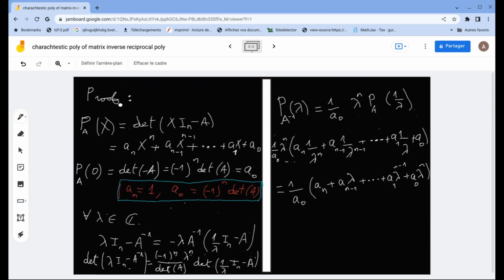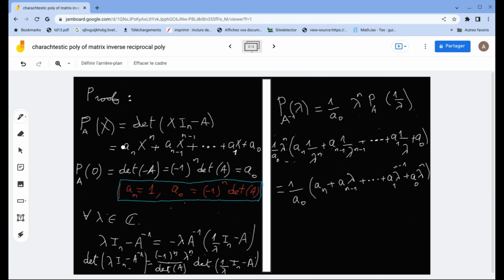Now here is the proof. The characteristic polynomial of a matrix A is by definition the determinant of xIn minus A, where In is the identity matrix of size n, which is also the degree of the polynomial.